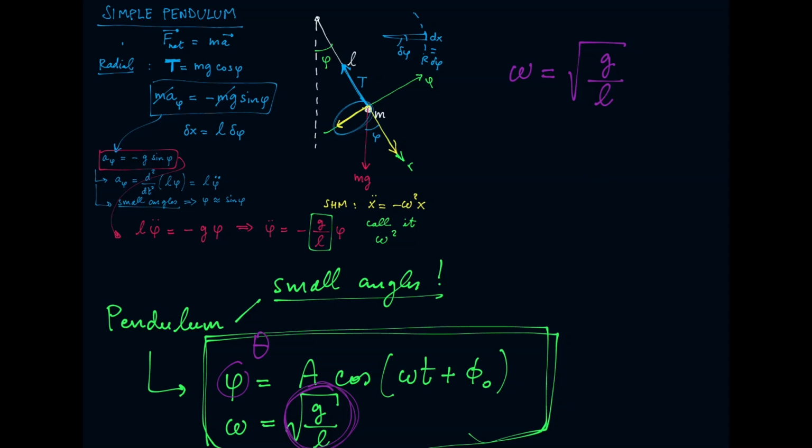So the stronger the gravitational acceleration, the bigger the angular frequency, which in turn results in a shorter period, because period and angular frequency have an inverse proportionality between them.